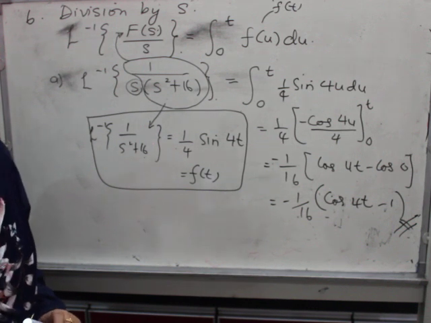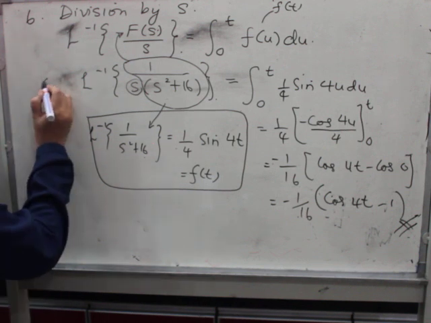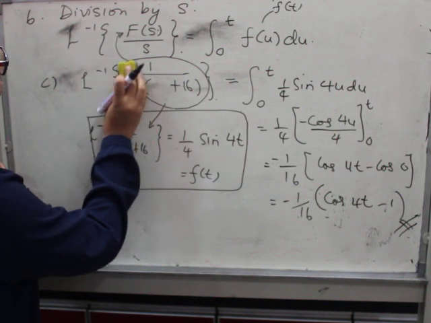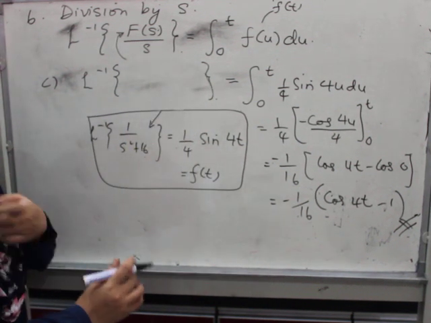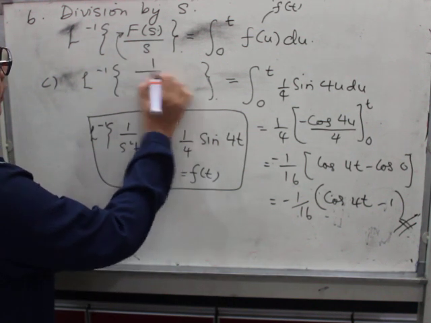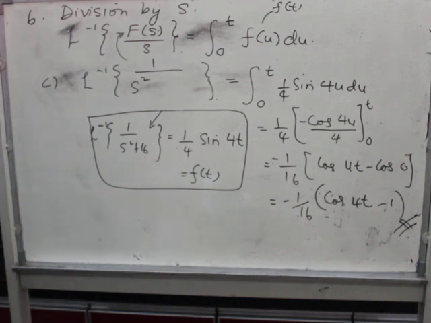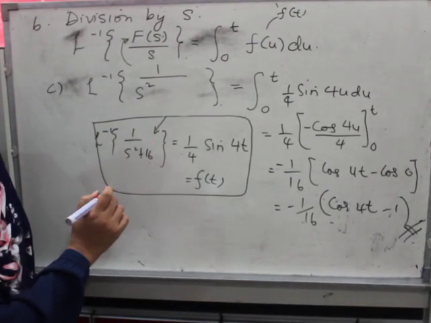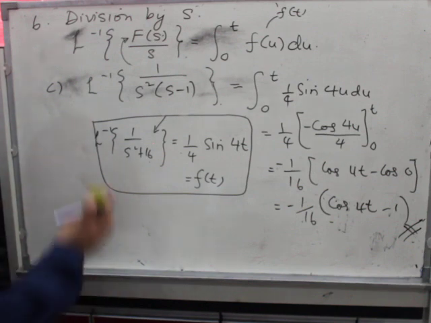Okay, show you C. What is the question for C? 1 over S squared (S minus 1). Okay, let us try this.